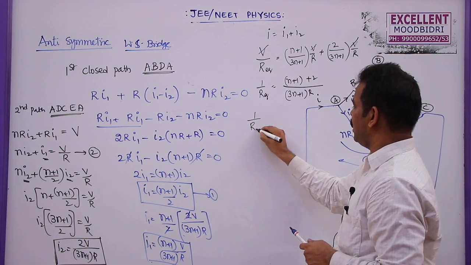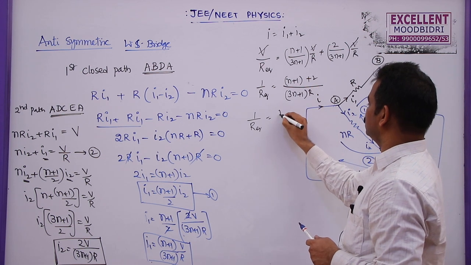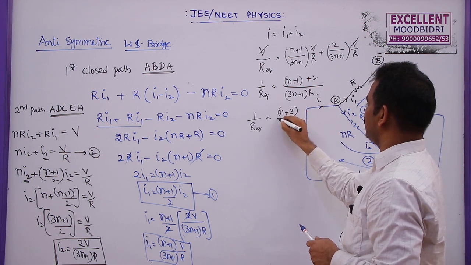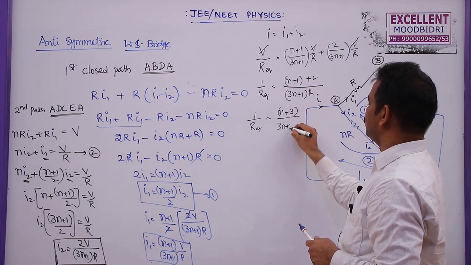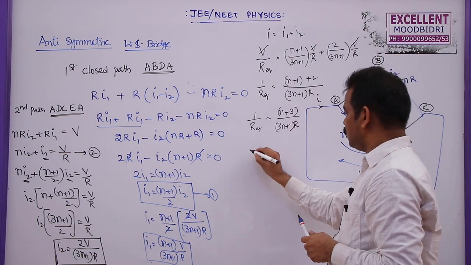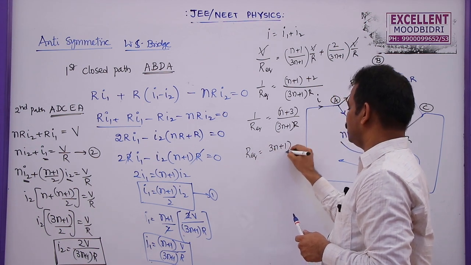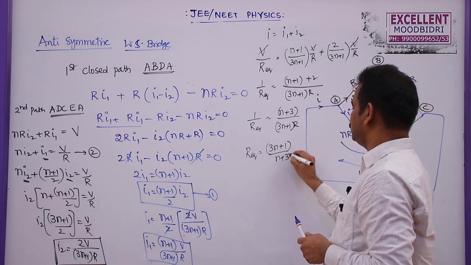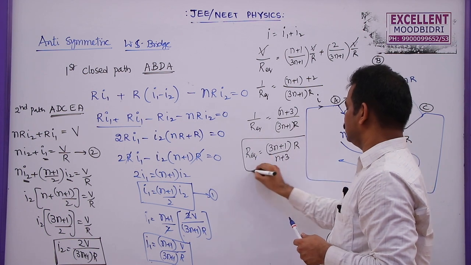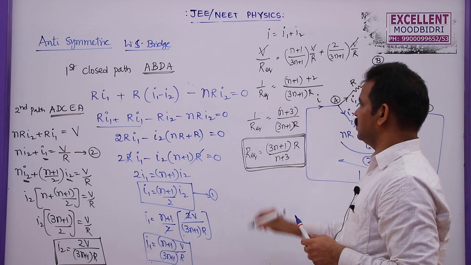So 1 by R equivalent is (N plus 3) by (3N plus 1) into R. So what is R equivalent? R equivalent is (3N plus 1) by (N plus 3) into R. This is the R equivalent in this circuit.